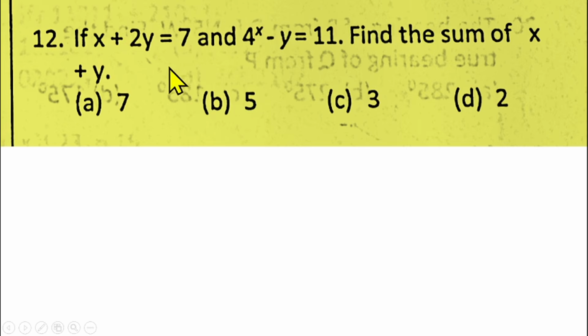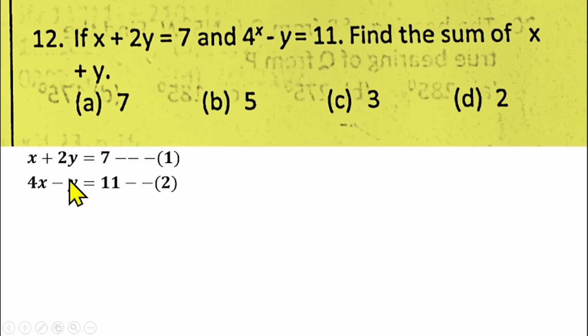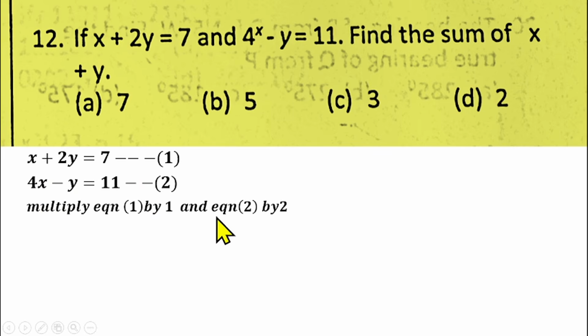If x + 2y = 7 and 4x − y = 11, find the sum x + y. So this is equation 1, then this is equation 2. From there you can multiply equation 1 by 1 and equation 2 by 2.